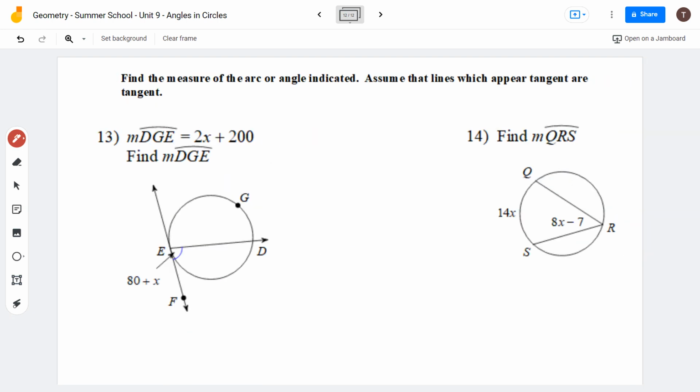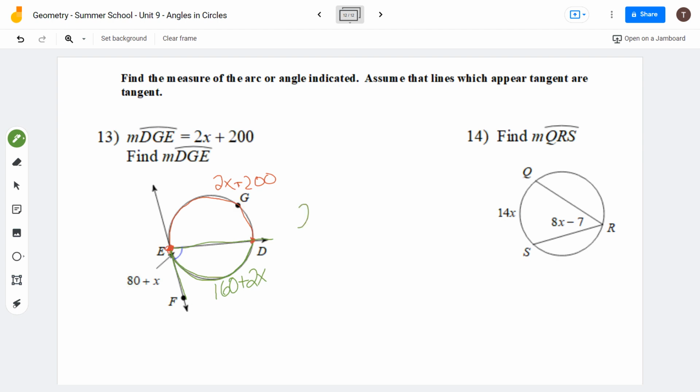All right. Finally, this one tells me arc DGE equals 2x plus 200. Now for this one, I do have an inscribed angle. Look where that vertex is at. So I know that this green arc right there has to be double the angle. So this would actually equal that.